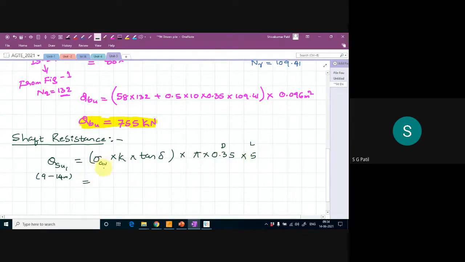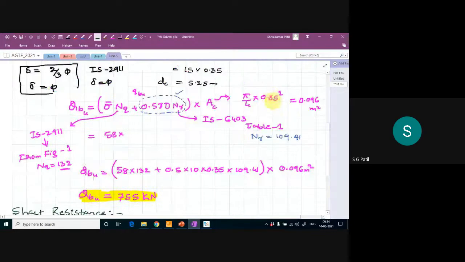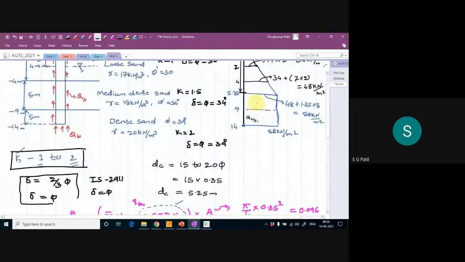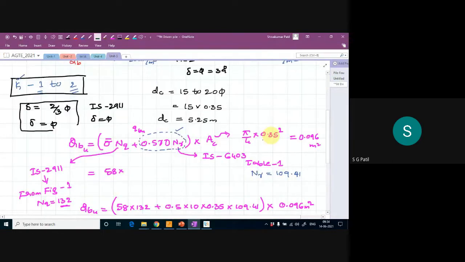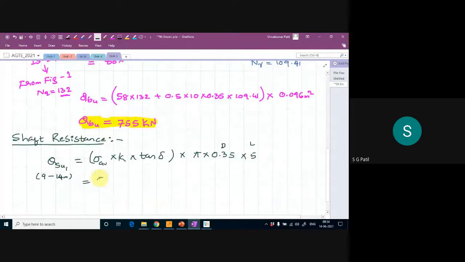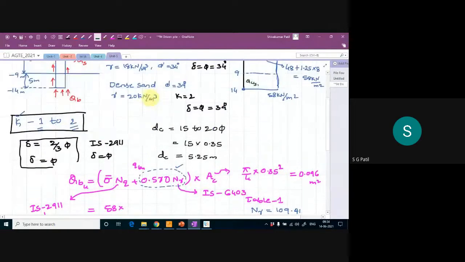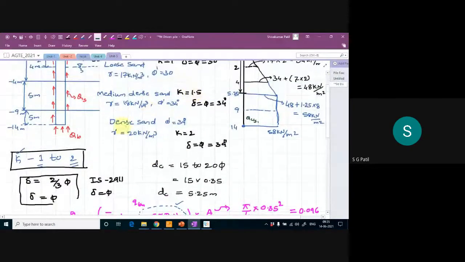So what is the sigma average here? Refer to this overburden pressure distribution diagram. At the middle, that is 58. So here it is uniformly distributed, 58 kilopascal. So 58 into k value. K is 2 here.